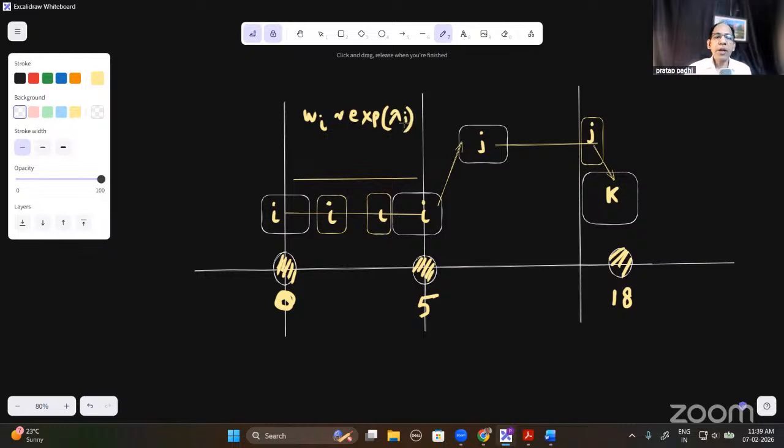Ith state means lambda I. And what is the expected waiting time? We will use this in today's problem: 1 upon lambda I. What about this? It went to J. So this is the expected time in the jth state. This is another exponential with lambda j. What is expected? 1 upon lambda j, we'll use today in the problem. Not only that, this is the expected one. What is lambda I?